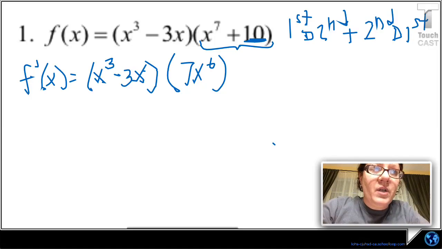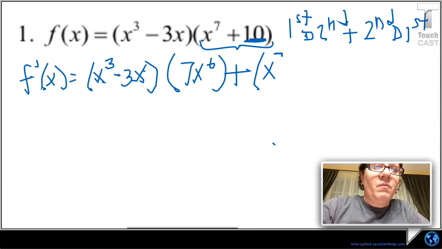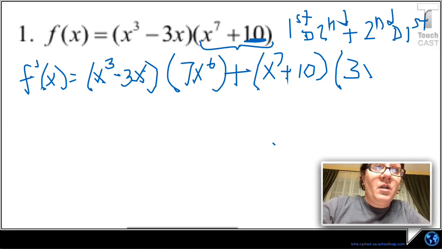Now I have to do second, so plus second, well the second is x to the 7th plus 10 times derivative of the first. So I'm only going to look inside that first parentheses, and I'm going to power down, so 3, now it's x squared minus, and then I'm doing 1 times 3, so I'll get 3 x to the 0, but I don't usually go around writing x to the zeros.